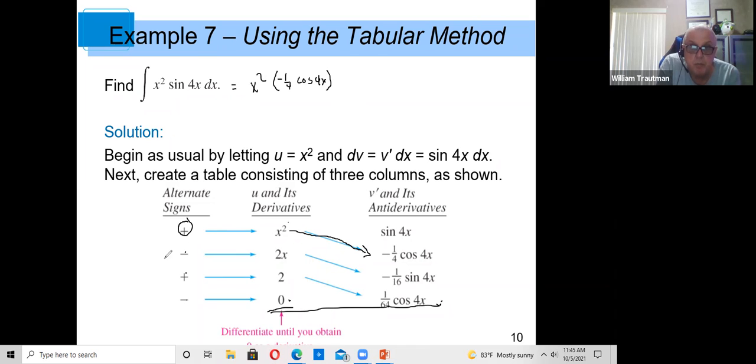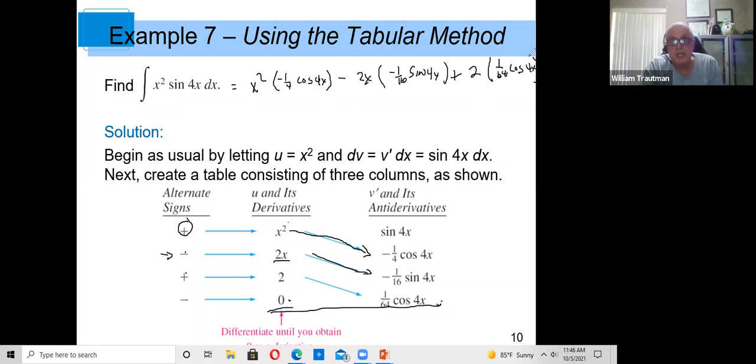And then you go minus the next line, 2x, times a negative 1/16 sine 4x. And then you go plus 2 and 1/64 cosine 4x. And that's your answer.